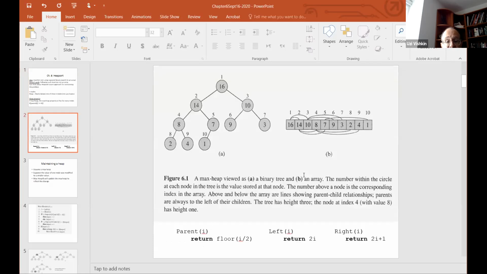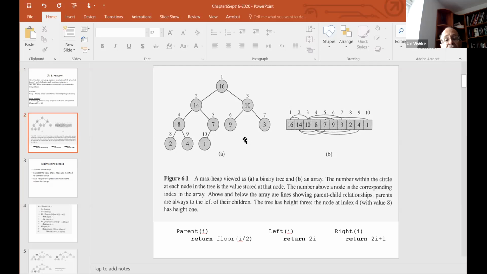And here is the explanation. When we look into this figure, I would like to demonstrate the concept of a nearly complete binary tree. And for that, what I ask you to do is the following. Ignore for now all the contents. Just ignore the 16, 14, 2, 4, 1, and so on.